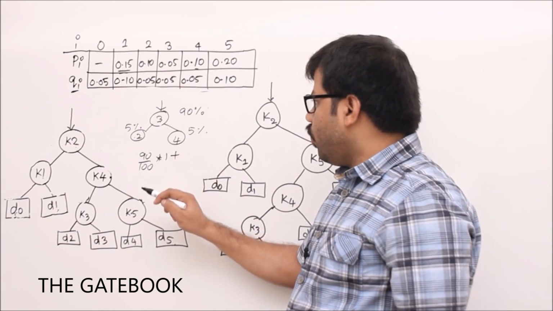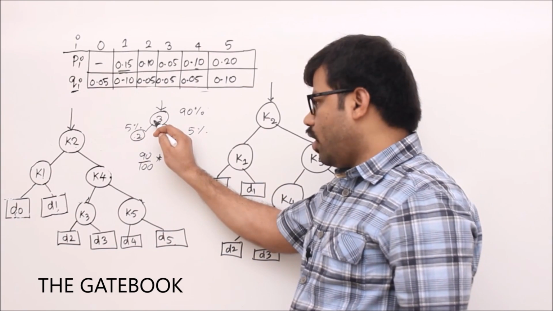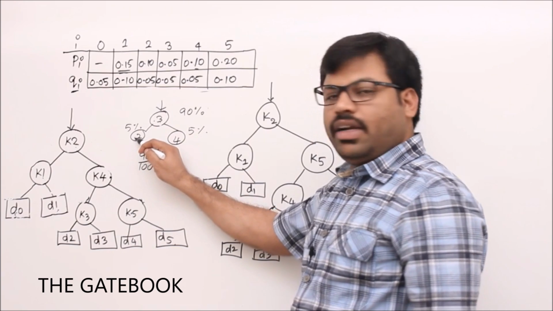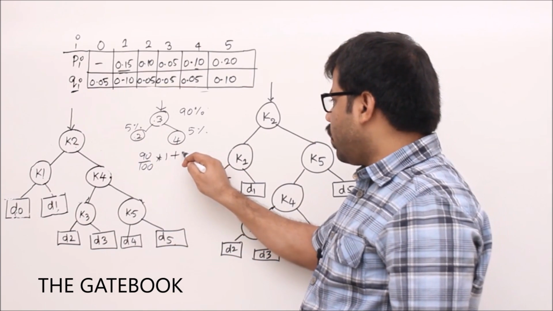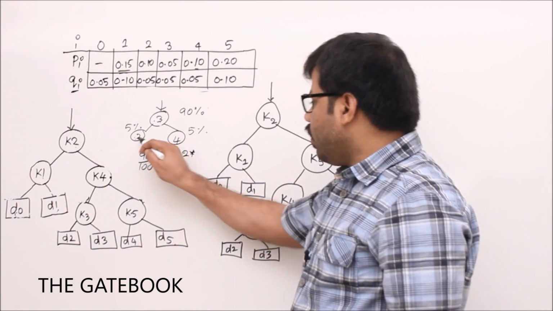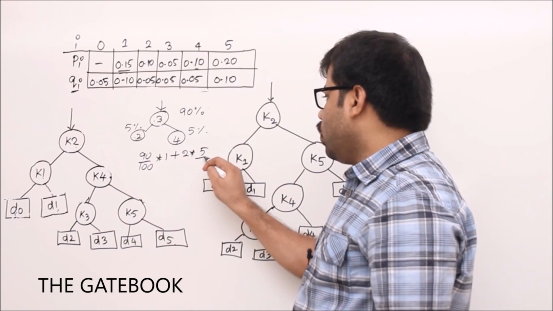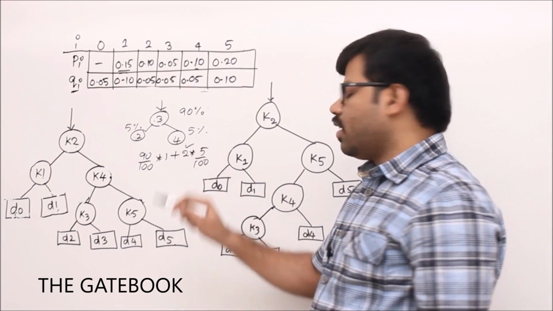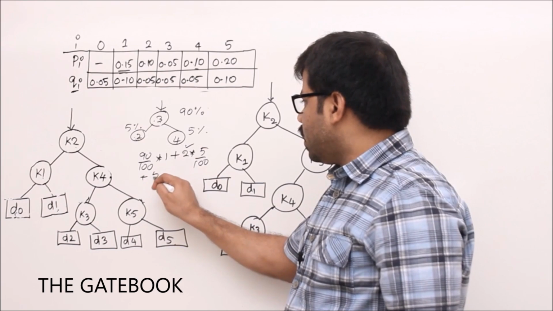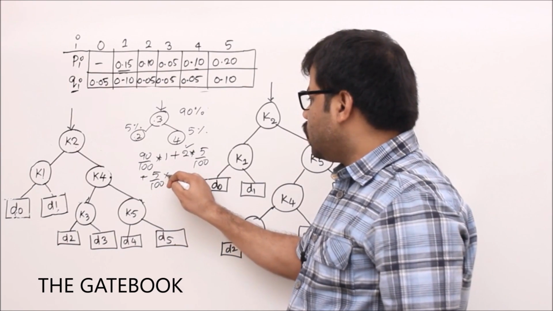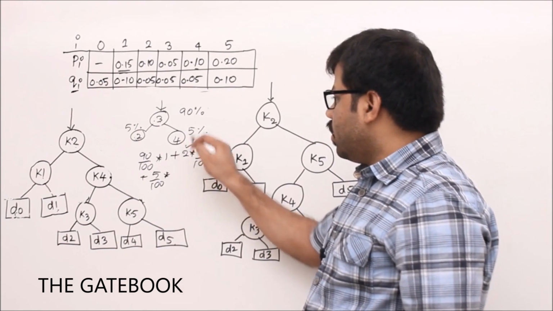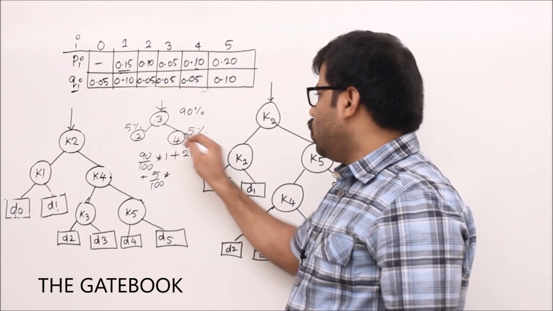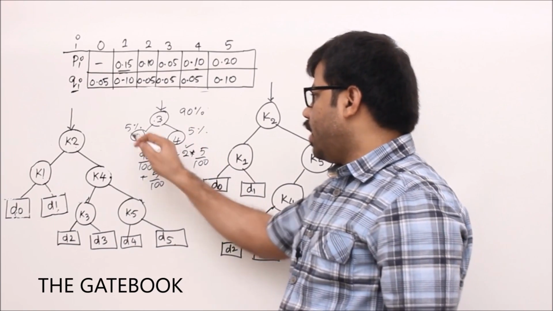When people are searching for 2, first they come here, 1 unit, then they come here, 1 more unit, so 2 units of time. But the probability of searching for 2 is 5%, so only 5% of the time this penalty occurs. The remaining 5% of the time people search for 4, and the search cost is 2, because it is at the same level as 2.